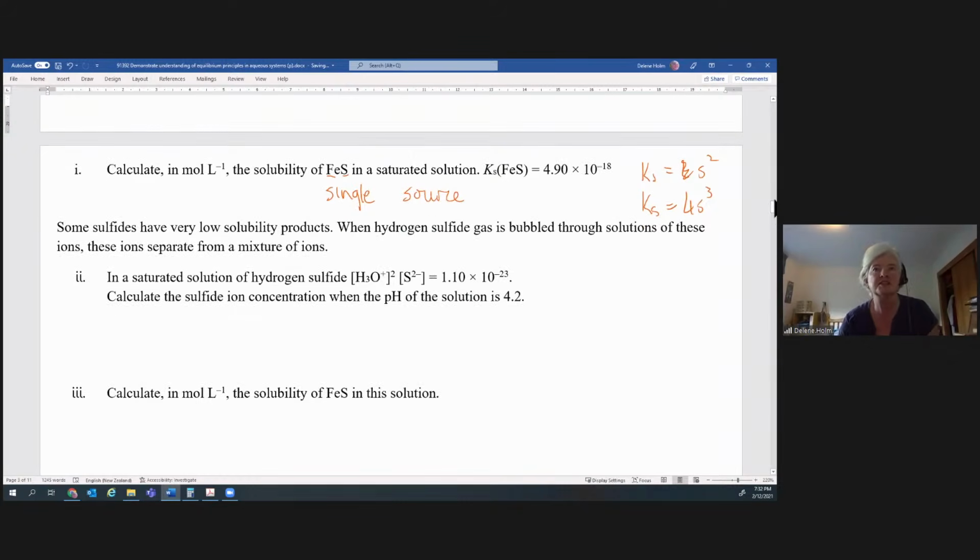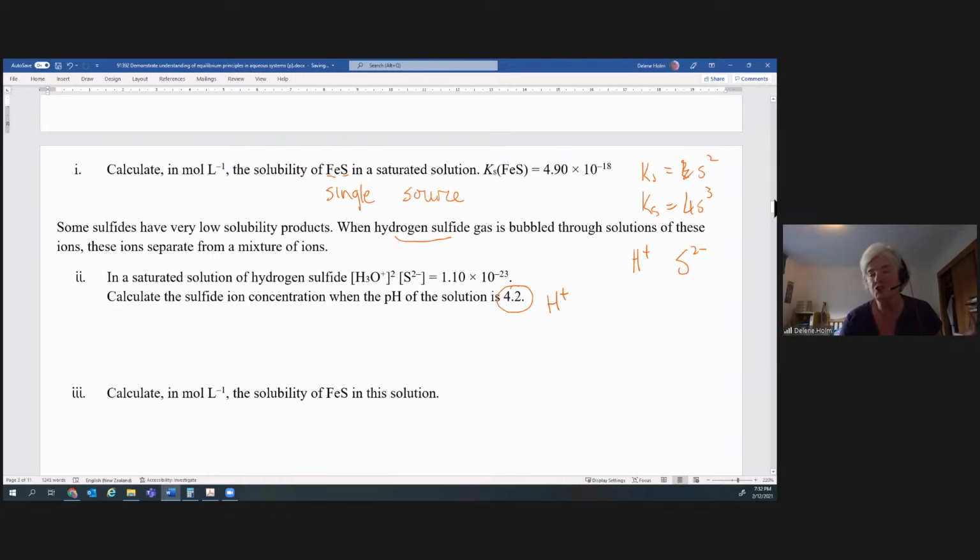So here, for instance, we have now an expression. And is this two sources or one source? In other words, is my H plus and my S2 minus just coming from H2S, or do I have another source? And if you can see, I have a pH of 4.2. So that means I've got H plus coming from elsewhere as well.